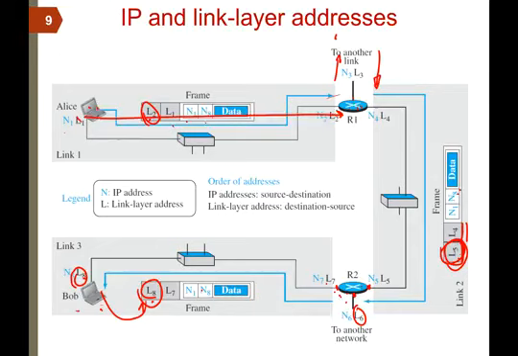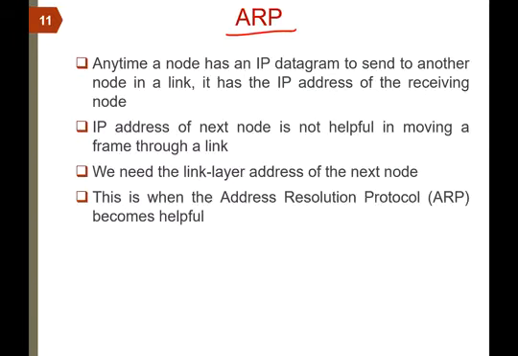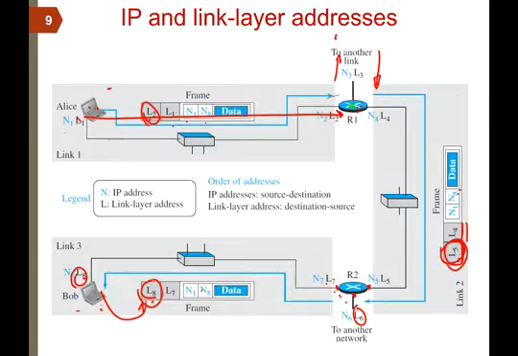Always when you send from node to node on a link, you need ARP to resolve the IP address of the receiving node. The IP address of the next node is not helpful in moving a frame through a link. So if you have the IP of this, it's not enough for you to move the frame from here to here.